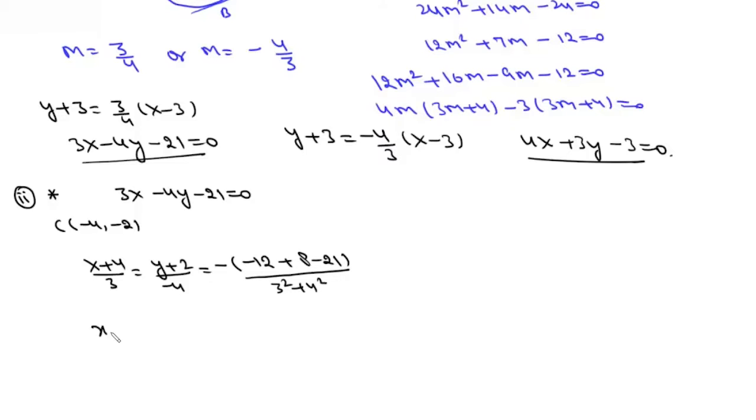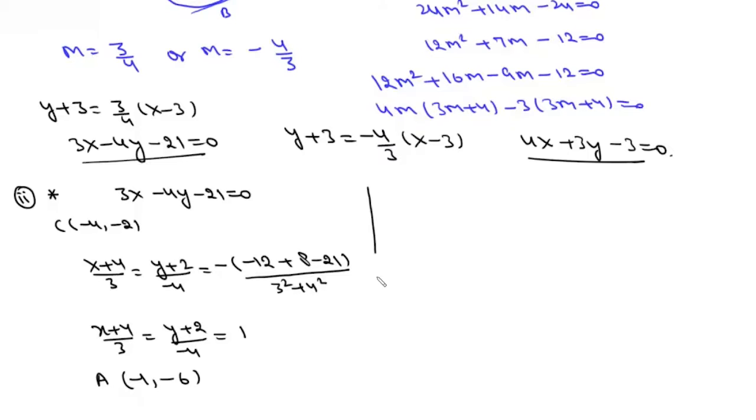So it will be (x plus 4) upon 3 equals (y plus 2) upon minus 4, and here this is 25 upon 25, which is 1. Now the value of x is minus 1 and y is minus 6. So one of the points of contact, say this point A, is (minus 1, minus 6).